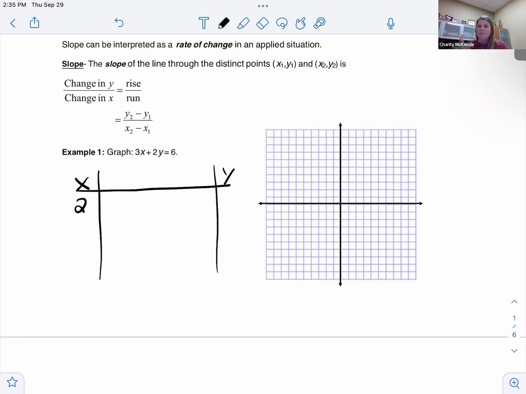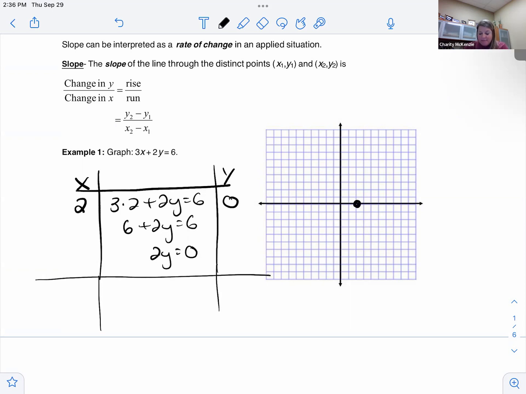I made that up. I make up a number and I find which y will work. Then I would have 3 times 2 plus 2y equals 6, and you have to solve that. So this is going to give me 6, right? Plus 2y equals 6. Subtract the 6 over and I get 2y equals 0. 0 divided by 2 is 0. I just found the point (2, 0), which was also an intercept.